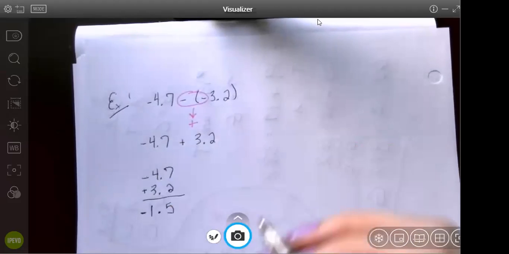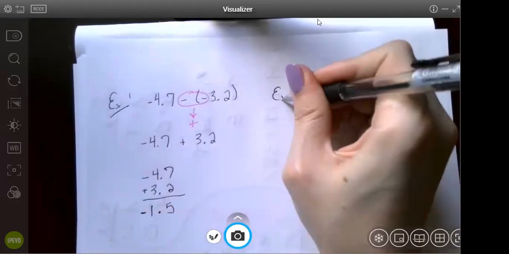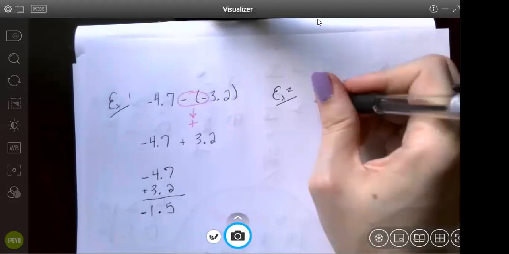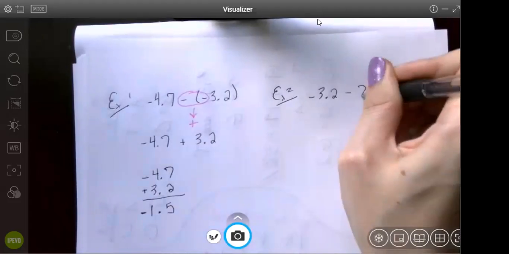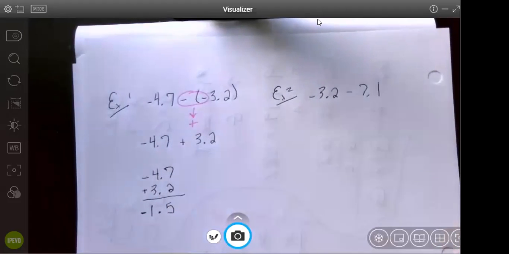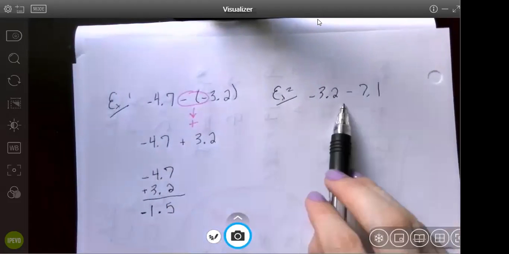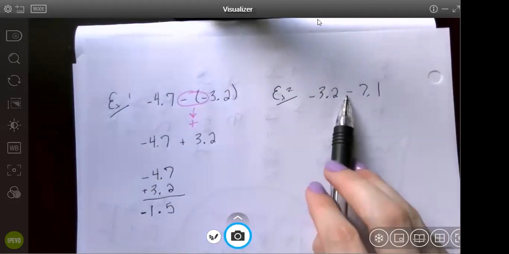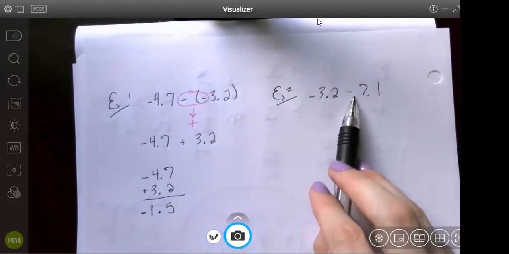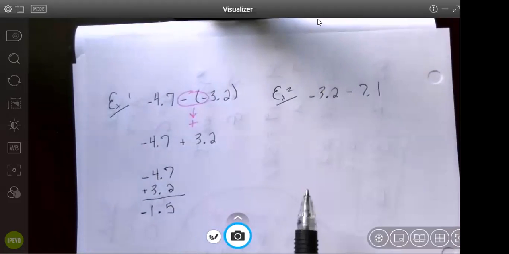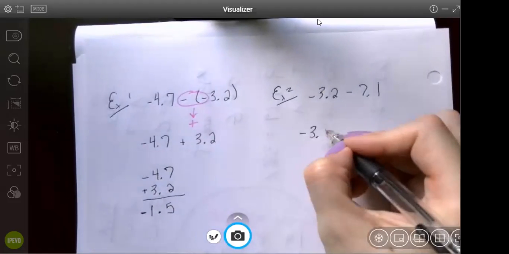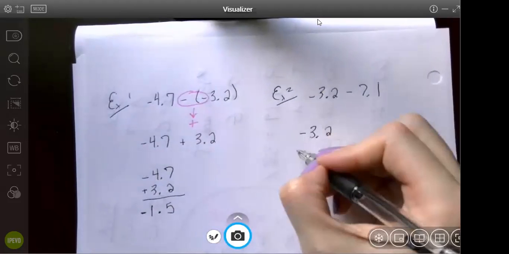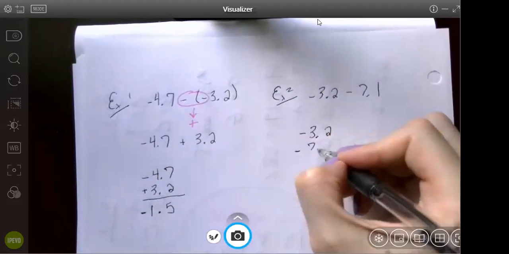For the second example, negative 3.2 minus 7.1. Now this time I only have one minus sign in the middle, so I don't get to change this to a plus. So this will actually be subtraction. So we can set it up as negative 3.2 minus 7.1.